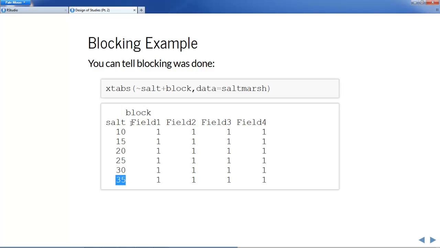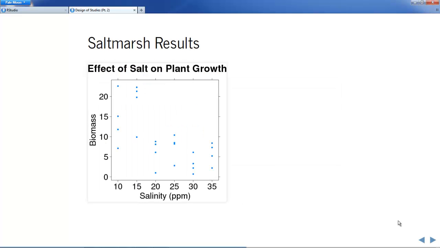Or another way of looking at it, in field 1, each of the 6 plots was given one of the possible salinization levels.